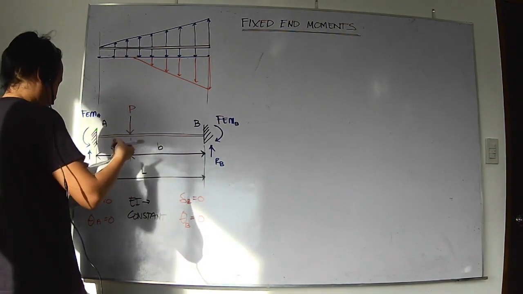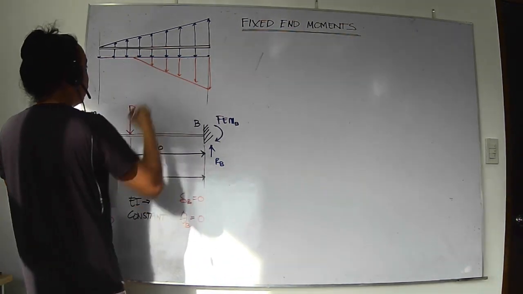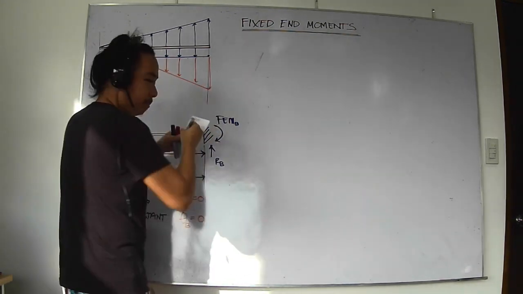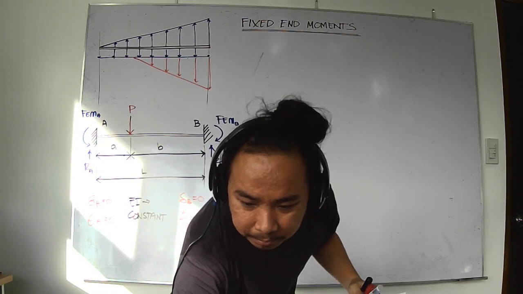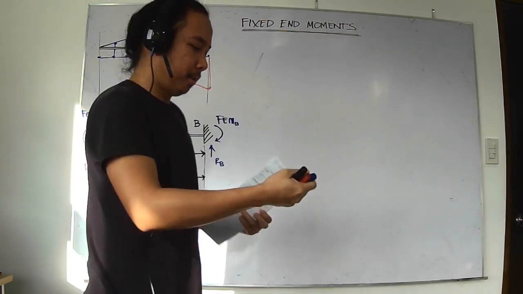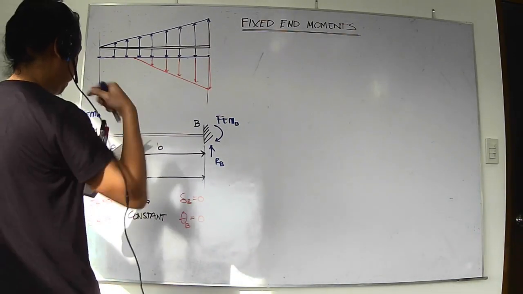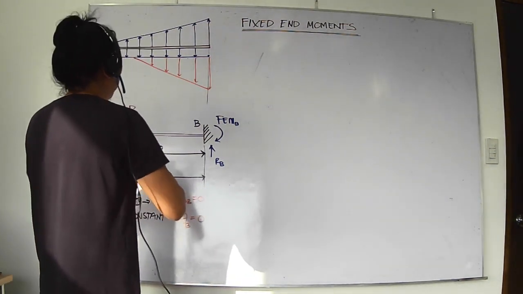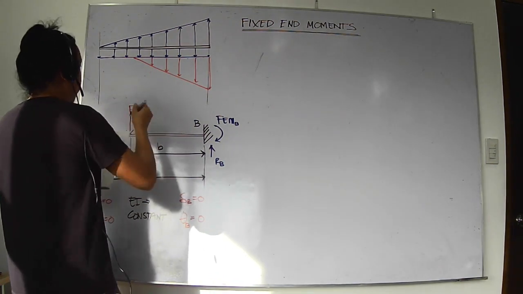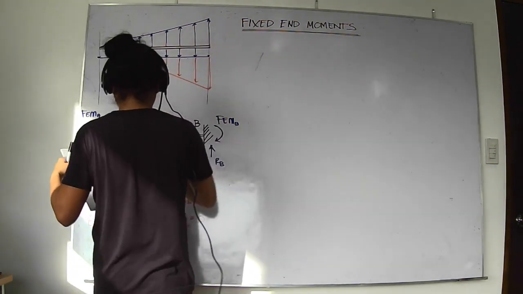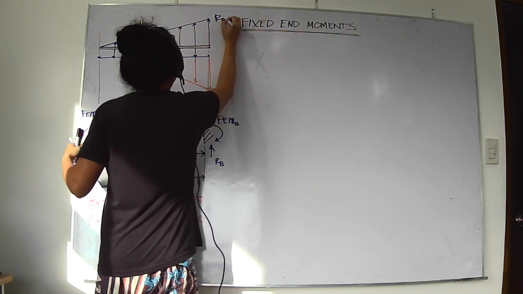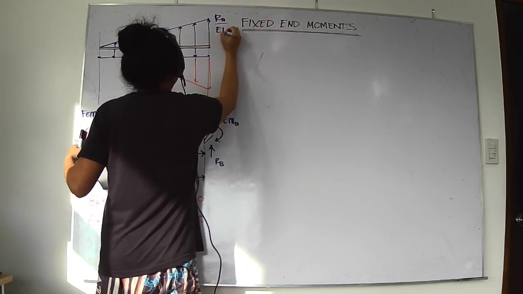Now, for this we need the M over EI diagram, which is the loading on our conjugate beam. So we have something like this as a diagram. This should be represented by loading RA over EI, the M over EI diagram.